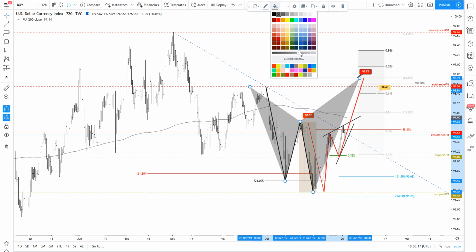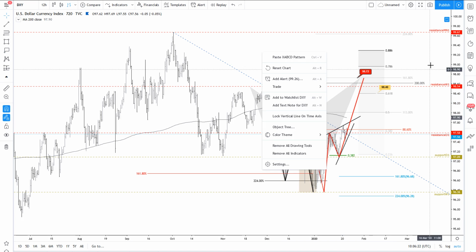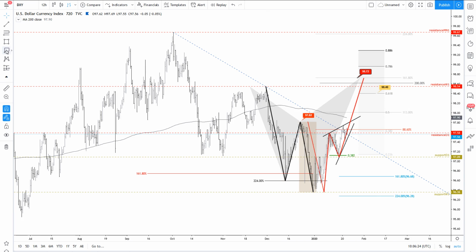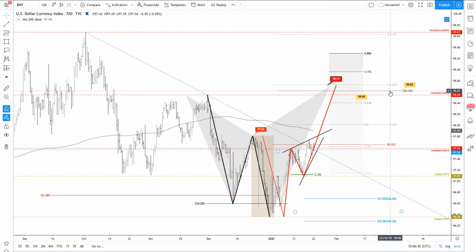Let me just get clear about this 200% Fibonacci extension, which is nothing more than an extension of this swing. Actually, let me just clear this because that's not correct, I think.